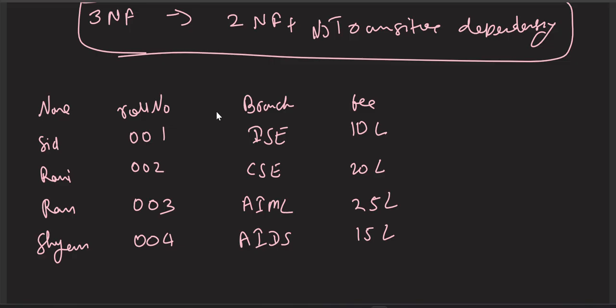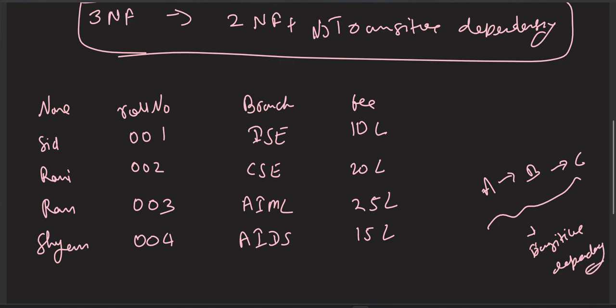So transitive dependency means, like if A is dependent on B and B is dependent on C, this is called a transitive dependency. Okay.